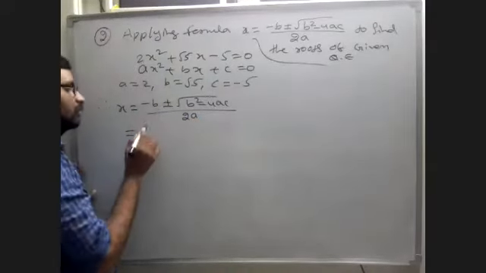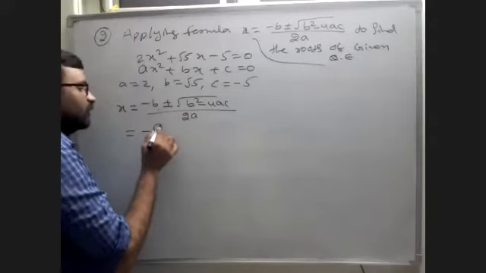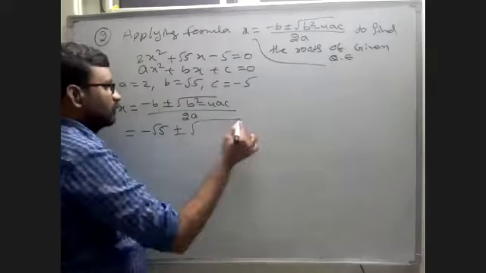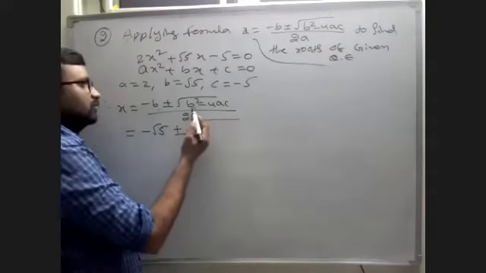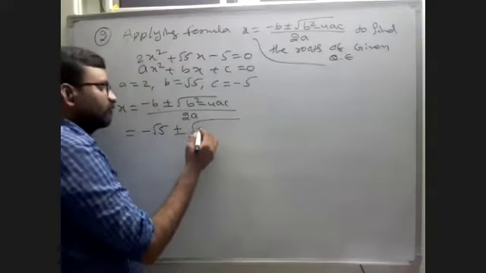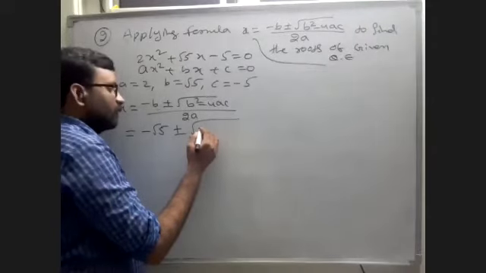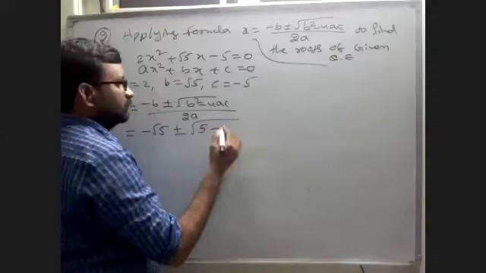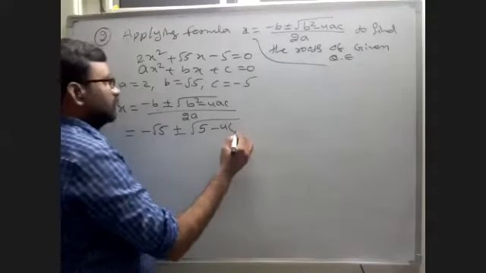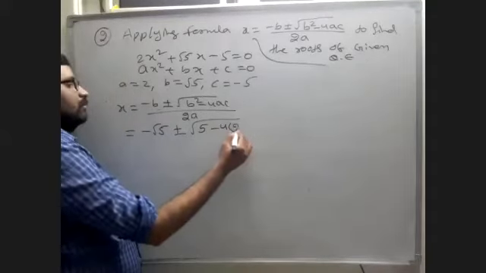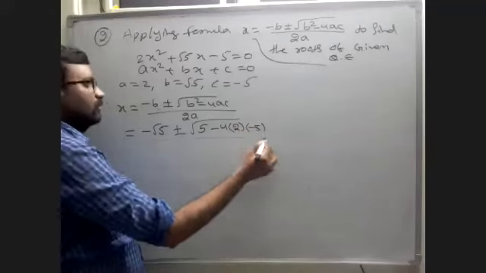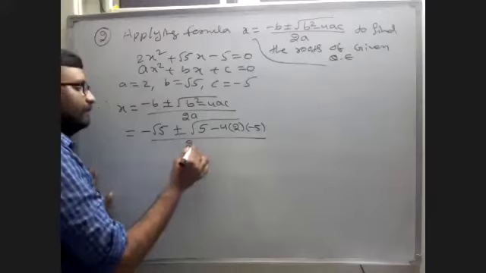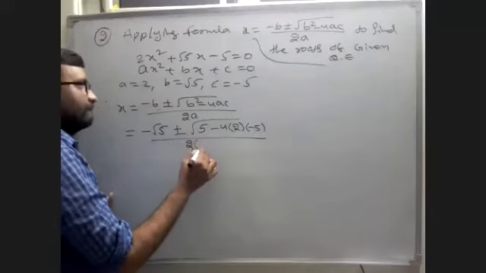Minus root 5 plus or minus root 5 square, means 5. 5 minus 4 into 2 into minus 5, by 2a. 2 into 2, 4.